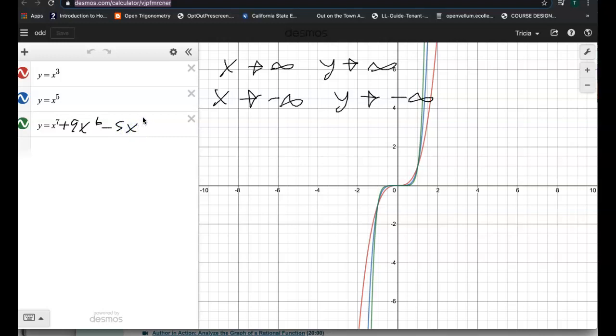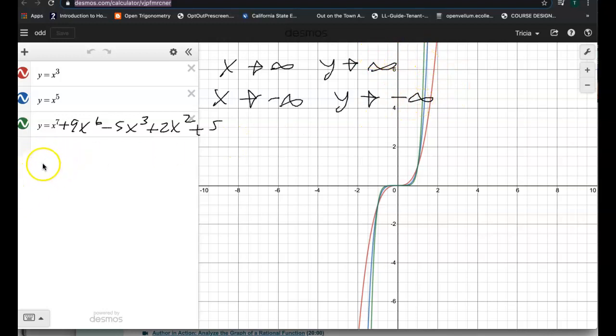And so similarly, if you were to change this polynomial to be like plus 9x to the 6 minus 5x to the 3rd plus 2x squared plus 5, and whatever it is, I know that because the leading term of this polynomial has degree 7, the end behavior is going to follow this.